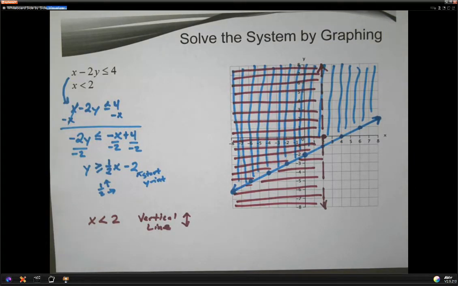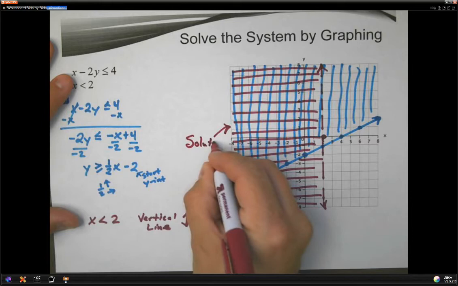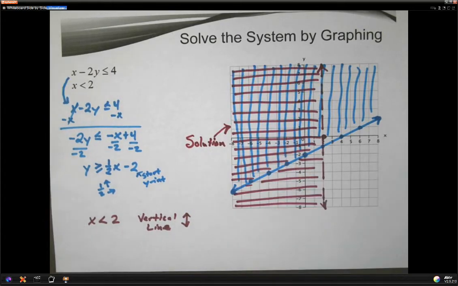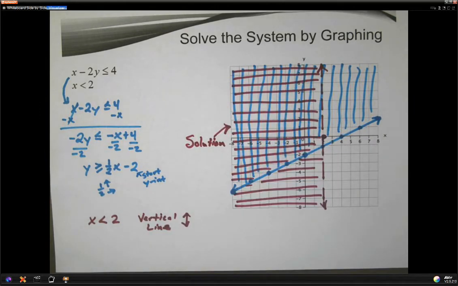And again, where is our final solution? Our final solution is where the two shades overlap. Anywhere in this double shaded region, that is where the two solutions overlap. And do remember, in this particular case, these points would work because they are on the solid line.